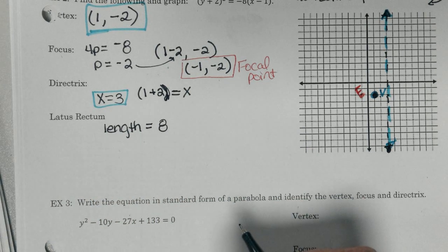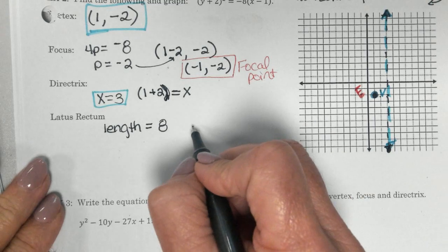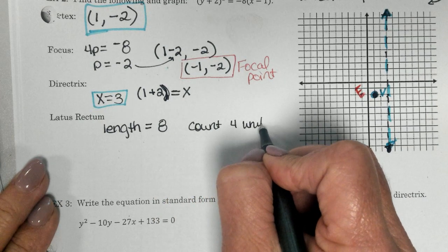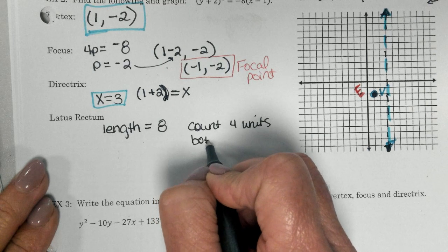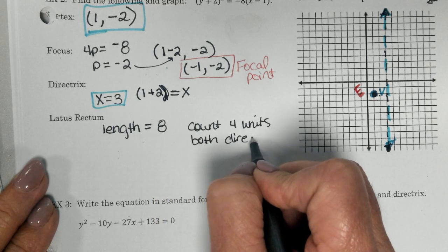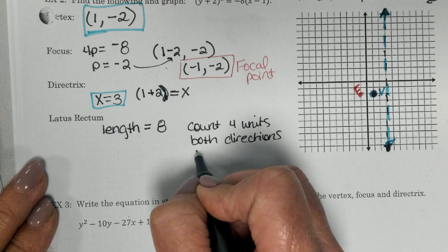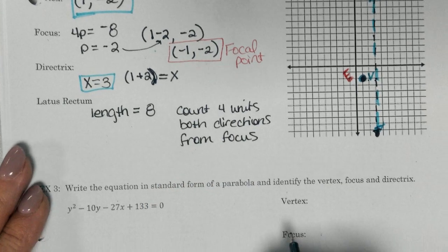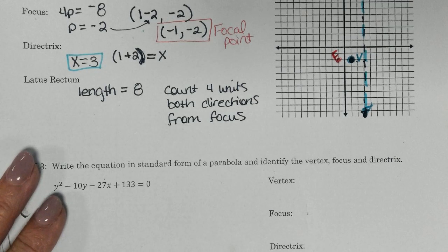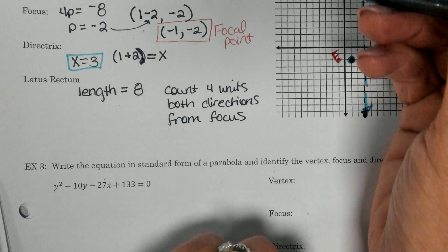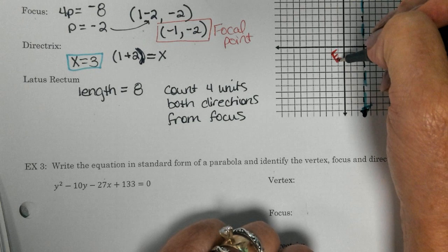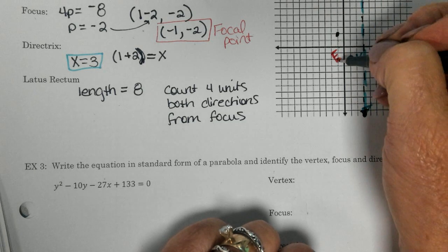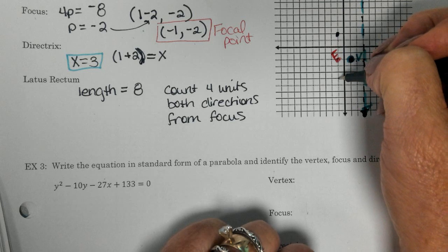So what I'm going to do is count 4 units both directions from the focus. So here we go. Here's our focus. So I'm going to go up 1, 2, 3, 4, and I'm going down 1, 2, 3, 4.